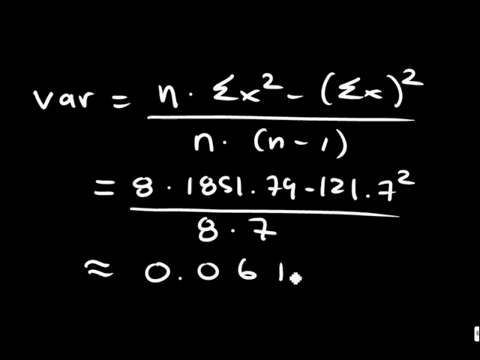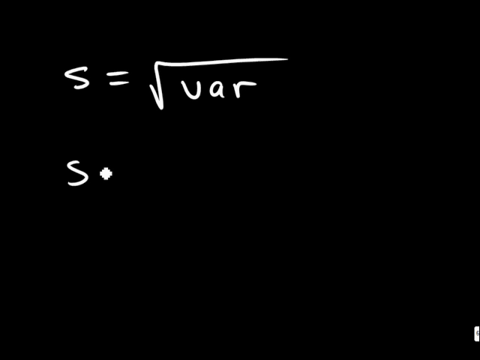Now I need the standard deviation. Standard deviation is the square root of the variance, or the square root of 0.06125.